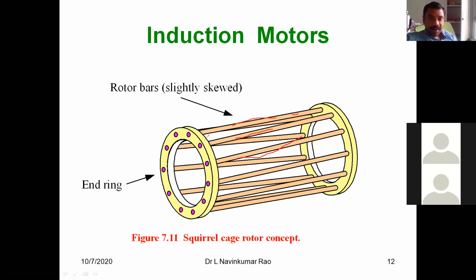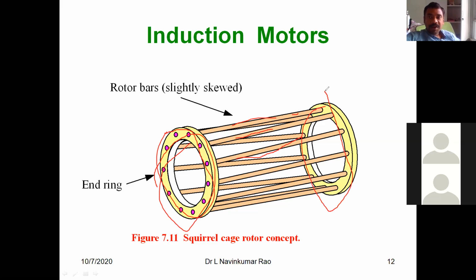And this is the end ring. Of course, this end ring is also metallic. Through these end rings, the ends are short circuited. The rotor winding is short circuited through end rings.